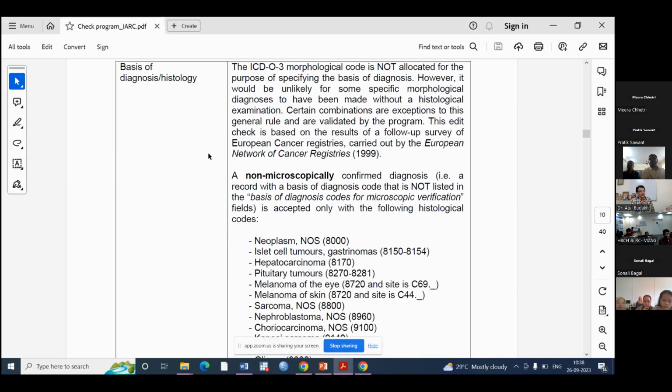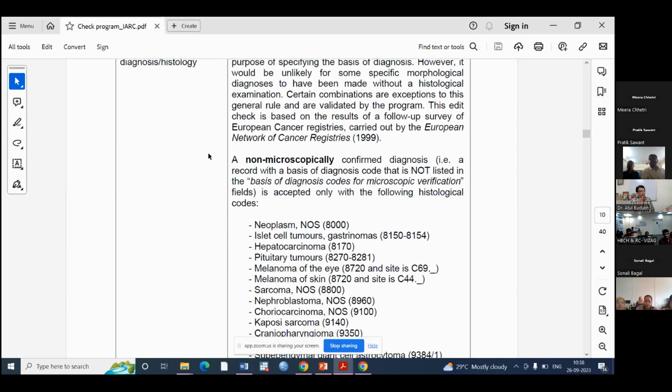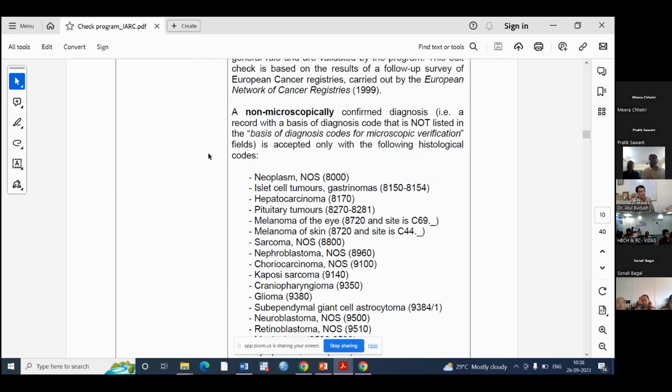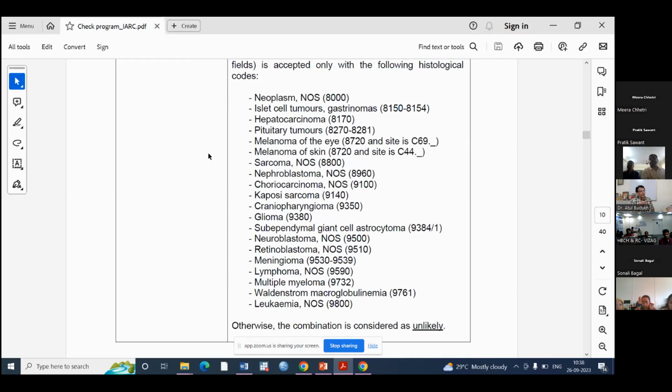Certain histologies have to be coded, like hepatocarcinoma, melanoma of eyes, sarcoma, then the retinoblastoma, and certain sites are there.